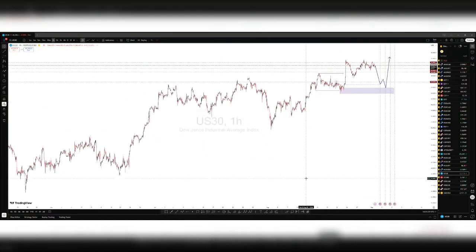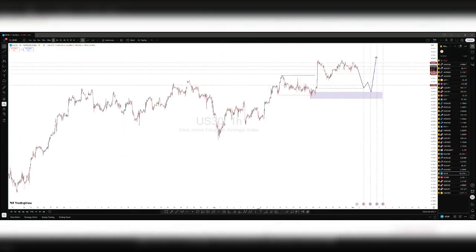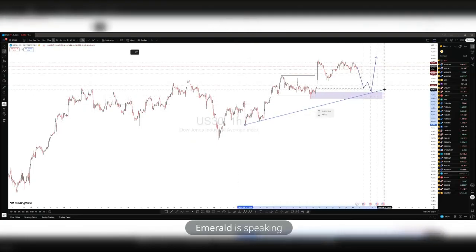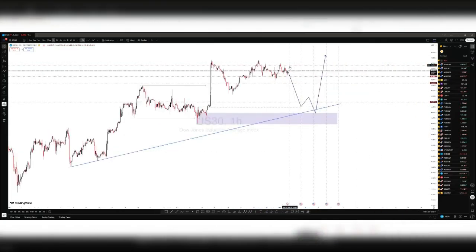Make sense? Does it make sense? Yes, it does. I think it's already reacting to that zone. So I'm expecting it to drop, come into here before I buy, okay?